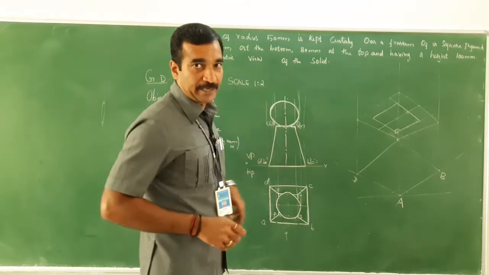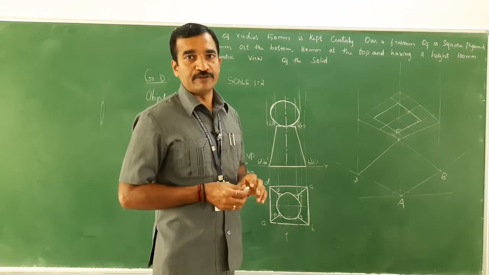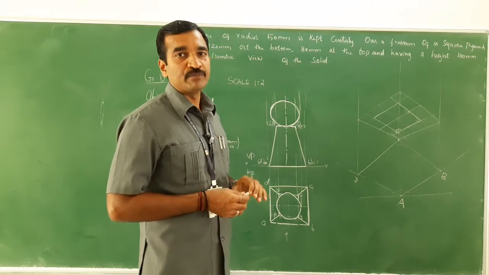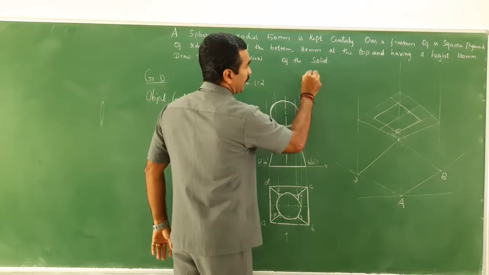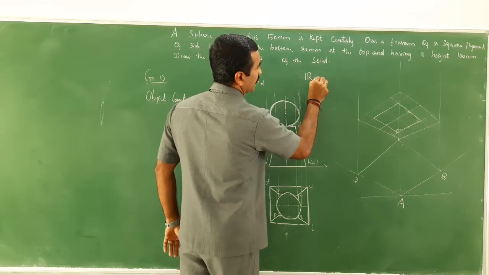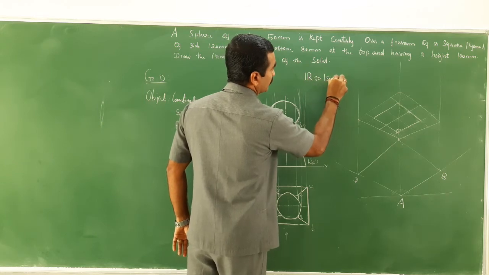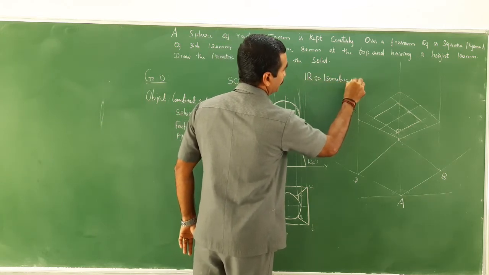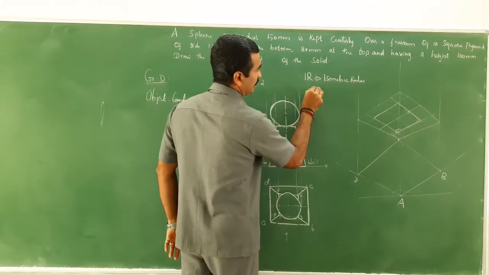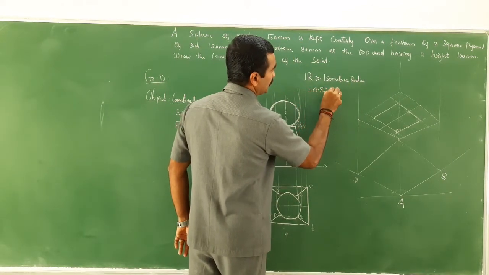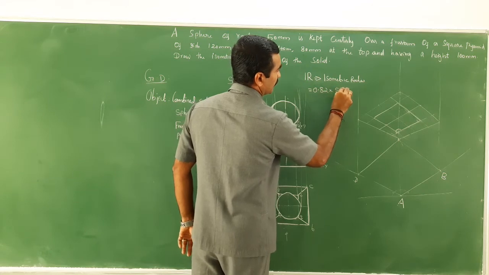To draw the sphere, IR needs to be found out. IR is nothing but the isometric radius. For a sphere, it is 0.82 into the radius.